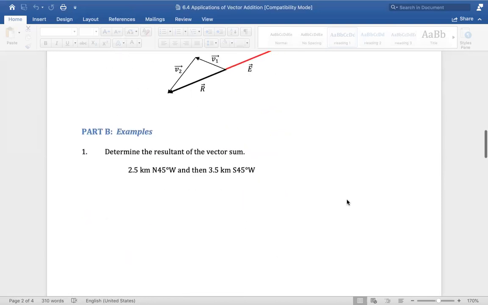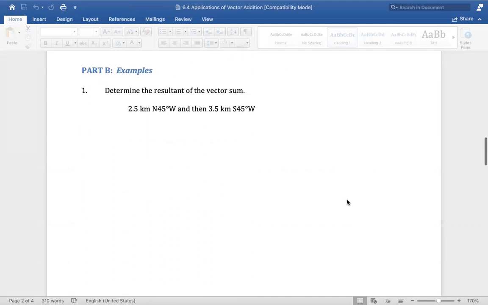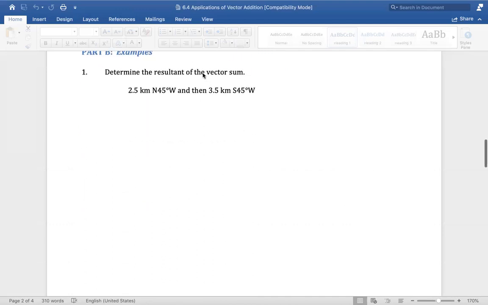So let's look at some examples here. Determine the resultant of the vector sum. So we're going to look at these vectors and then sum them together. We are dealing with vectors, even though we don't have anything written with the vector symbol on top, because why? Think about it.